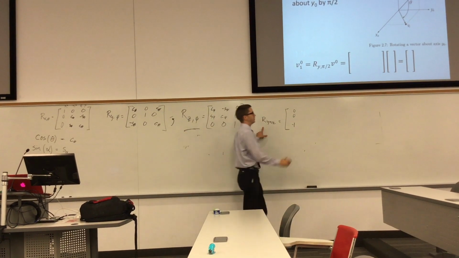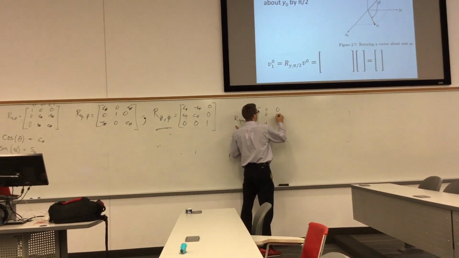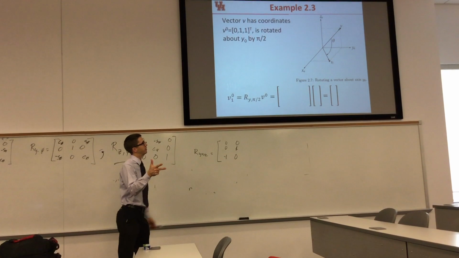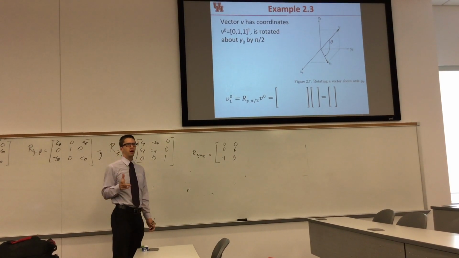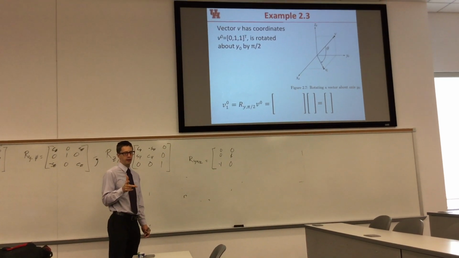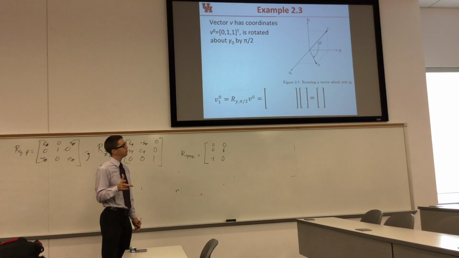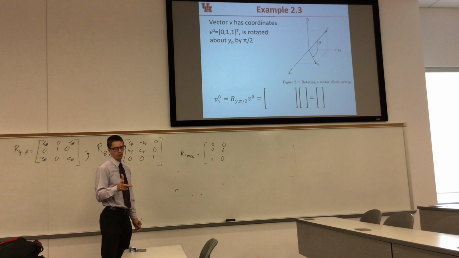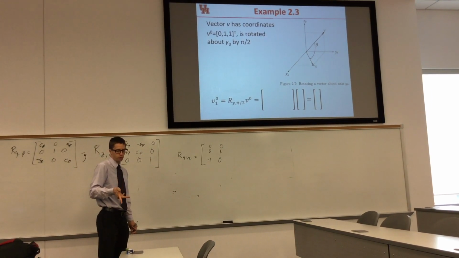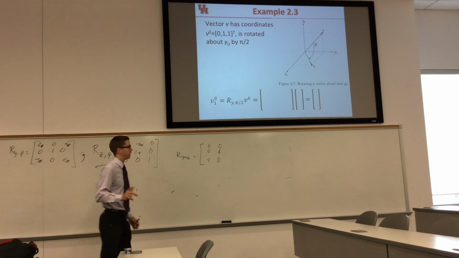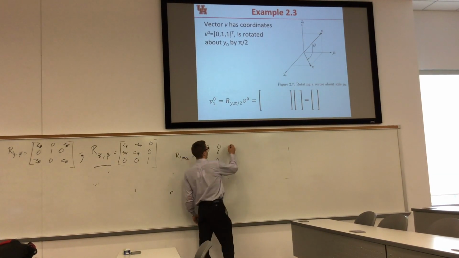Our y is not going to change: 0, 1, 0. And then our x direction, you can think about it: you take your coordinate frame that you have drawn in your hand and rotate around y by pi over 2. And now our z-axis is going to be pointing in what used to be the positive y direction.